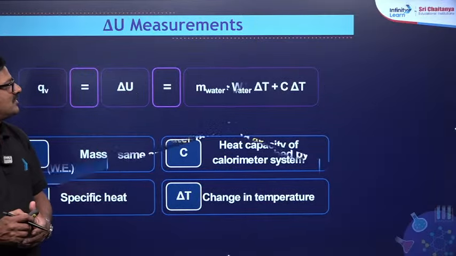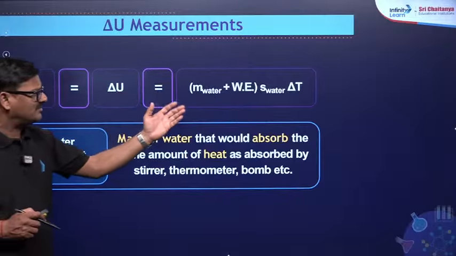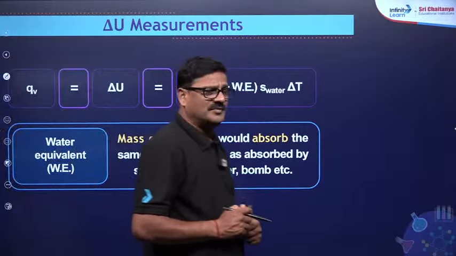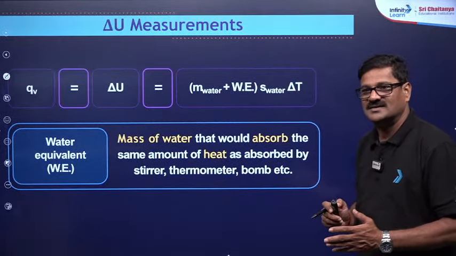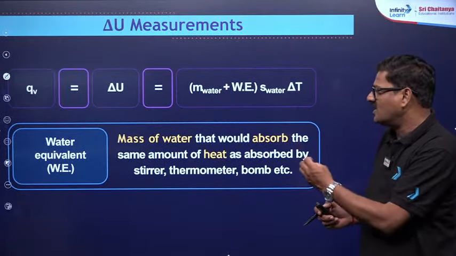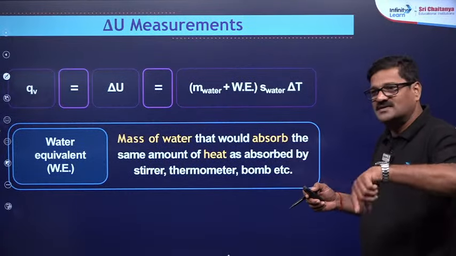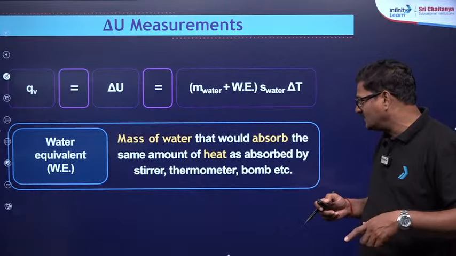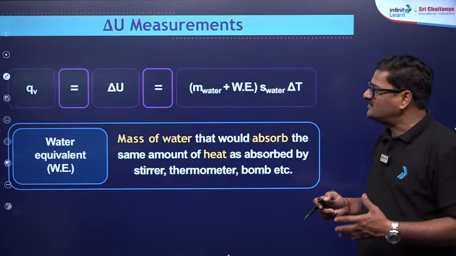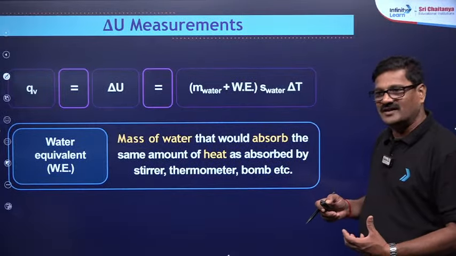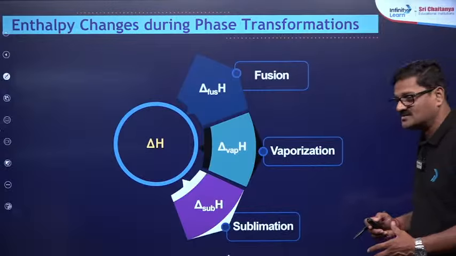Okay, my dear children, here Q equals delta U is equal to (M plus W) times S times delta T. What is W? Water equivalent, a little derivation: the mass of water that would absorb the same amount of heat as absorbed by the stirrer, thermometer, bomb, etc. And also enthalpy changes during phase transformations.